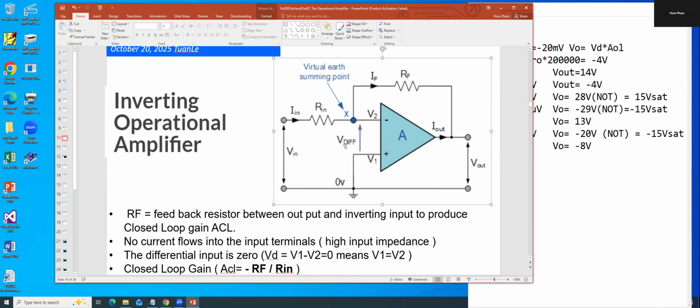So my question is, at this point, what is the voltage? V1 and V2 are the same, aren't they? What is the voltage at this point, X right here?